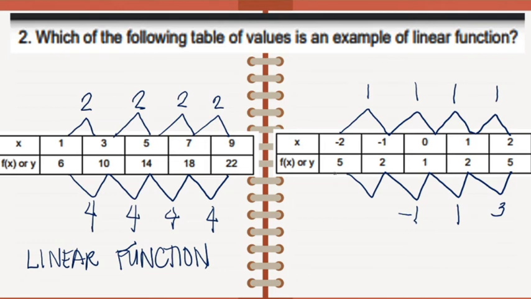And then 2 minus 5 is negative 3. So, kung makikita nyo, hindi na equal yung differences natin sa y coordinates. Kapag ganyan, not linear function.